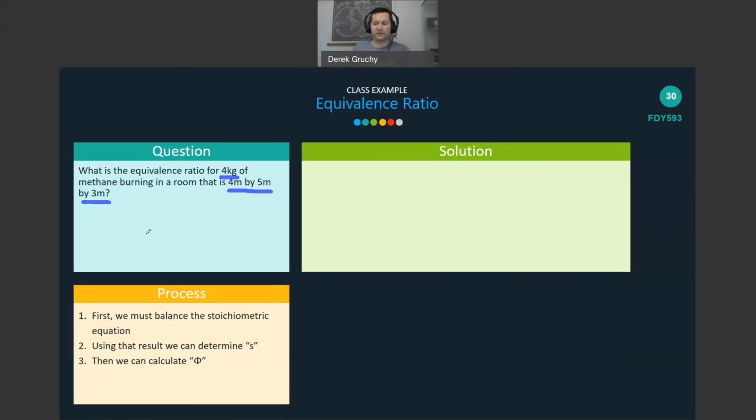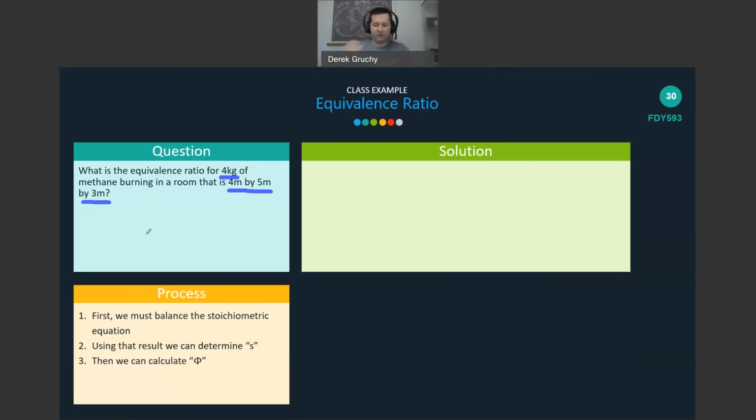In order to get the air, we know the density of air. We're going to say it's 1.21 kilograms for every cubic meter of volume. We know the dimensions of the room are 4 by 5 by 3. So if we multiply length times width times height, we'll get the volume of the room.